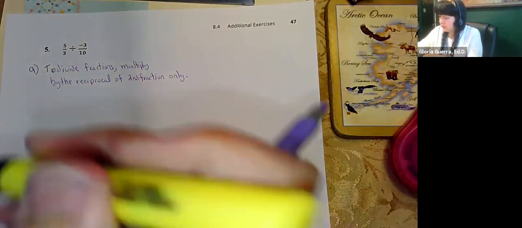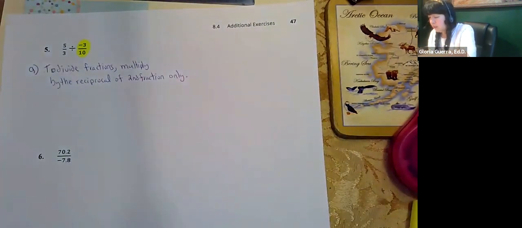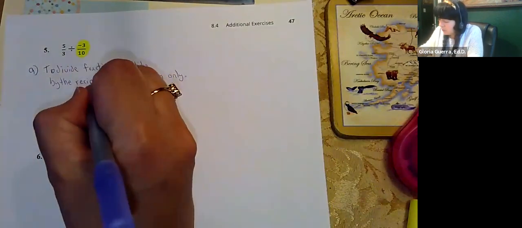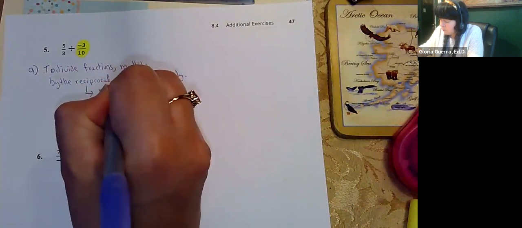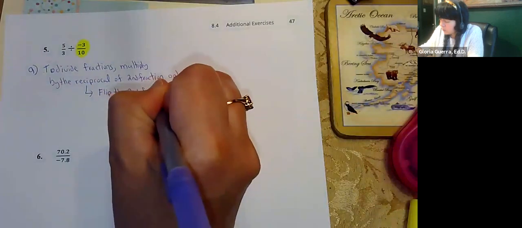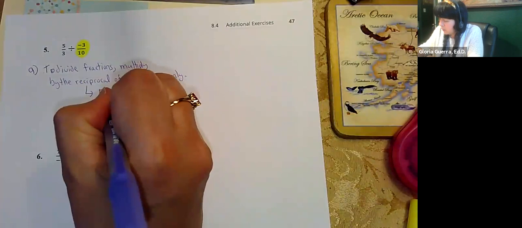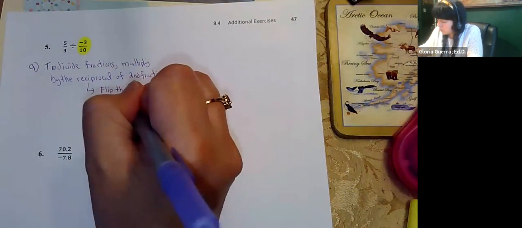So I'm going to highlight the second one. And then some of you are going to be saying, what does she mean by reciprocal? All reciprocal means is you just flip the second fraction. Or if you don't like the word flip, invert. You just invert the second fraction.